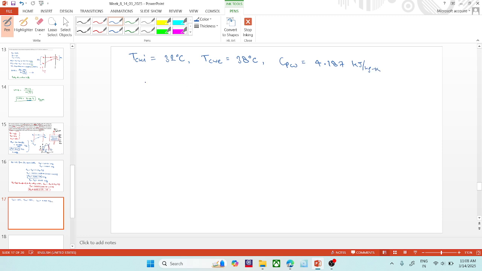Then the heat received by the cooling water would be Q dot CW equals mass flow rate of the cooling water into specific heat of the cooling water into the exit temperature minus inlet temperature.